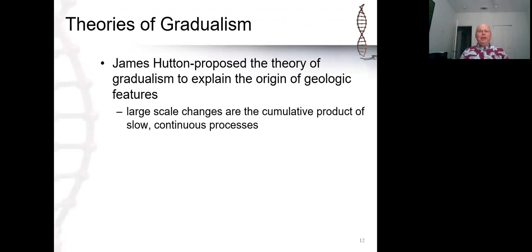Then in terms of thinking about the actual processes of geological change, there are two people that we really need to talk about here. The first is James Hutton. Now, Hutton was a little bit of an everyman in that he was a farmer, he was a shop owner, he did lots of different things over the course of his life.